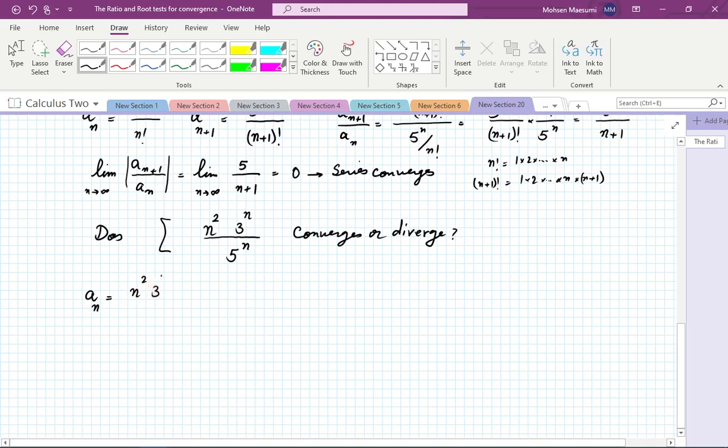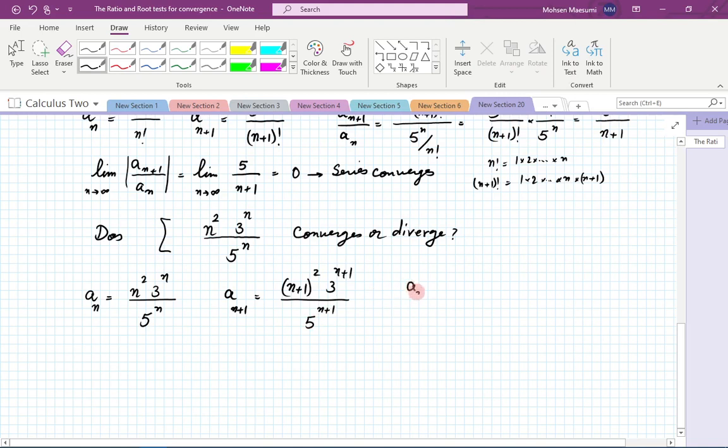So what we write is the n-th term, and the next one, so that's going to be n plus 1 squared, 3 to the power of n plus 1 over 5 to the power of n plus 1.